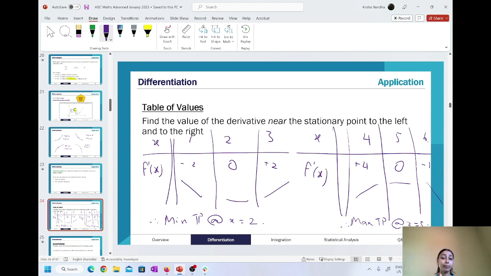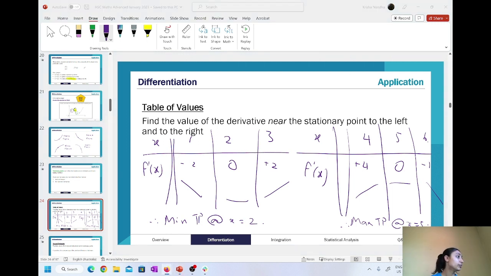But if it's a more complex one, with a few things going on, I personally would go as close as you can. So if the turning point was at 2, I might go 1.5 and 2.5. Or I could go even closer and say 1.9 and 2.1. They're ideal, 1.9 and 2.1. They just won't be as nice of a number and a bit more difficult to put into your calculator. But ideally, best thing you can do, get as close to 2 as you can. I hope that answers that question.